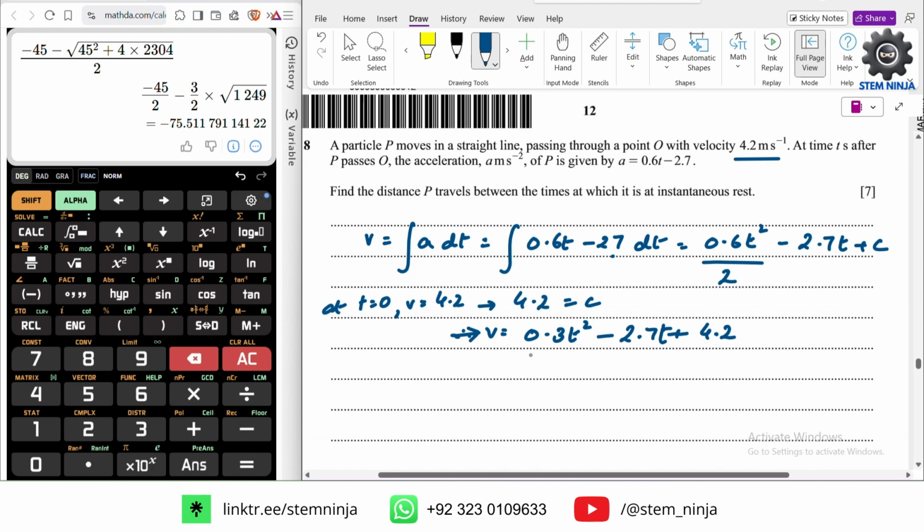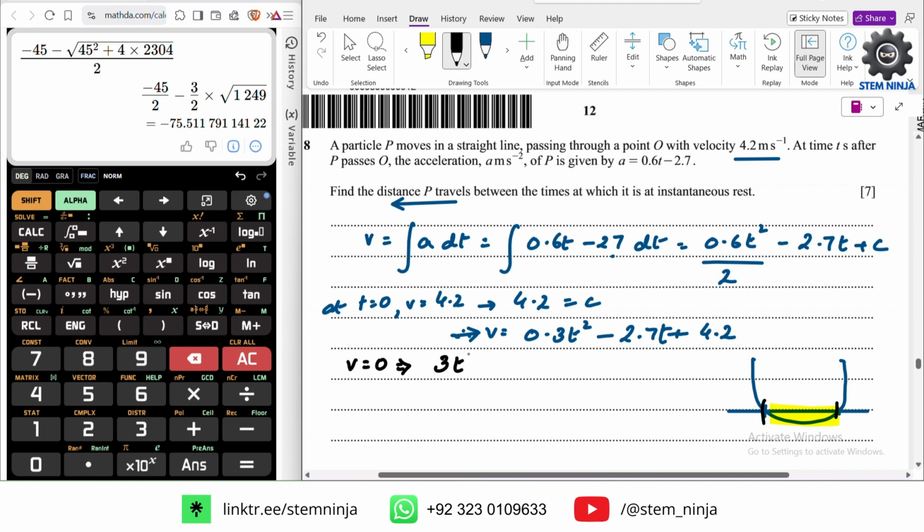Now this is a quadratic equation, right? It will have some roots. Now we need to figure out the distance P travels between the times at which it is at instantaneous rest. So basically we need to figure out the area under the graph between its roots. So we need to figure out where it's 0. All of these are divisible by 3, so we multiply by 10.